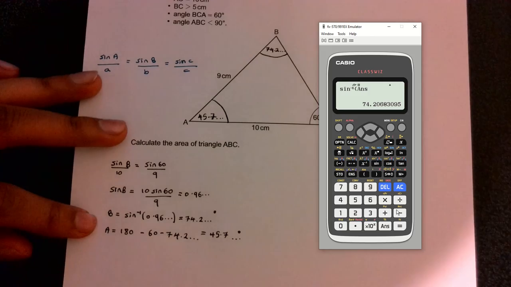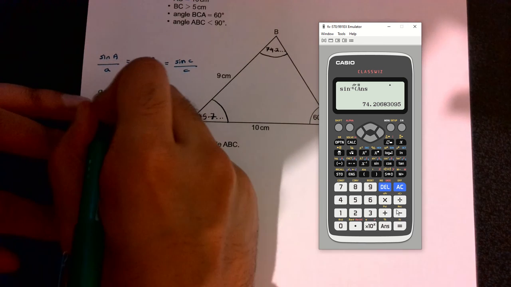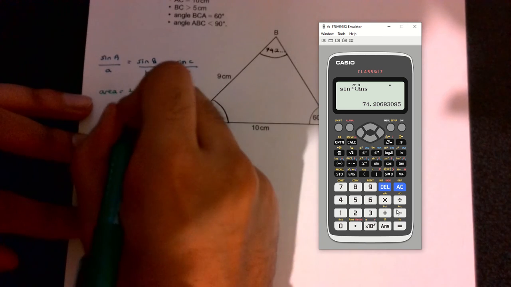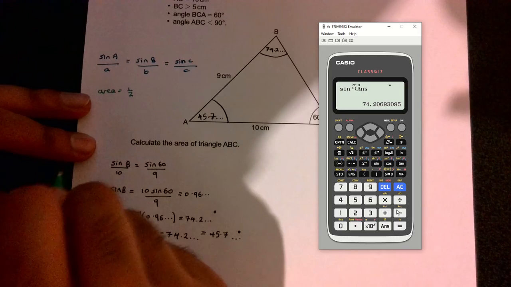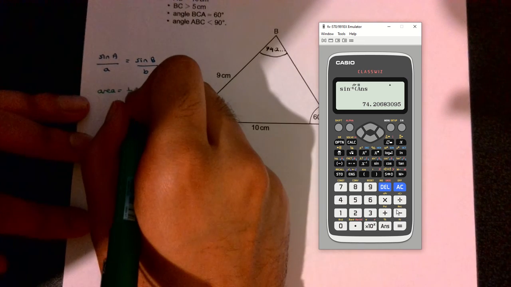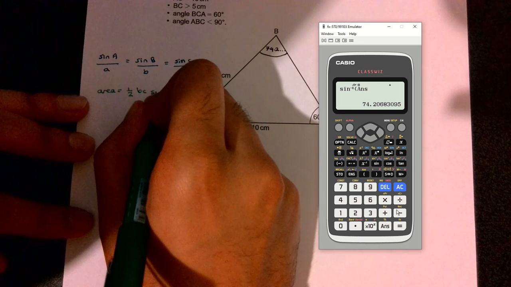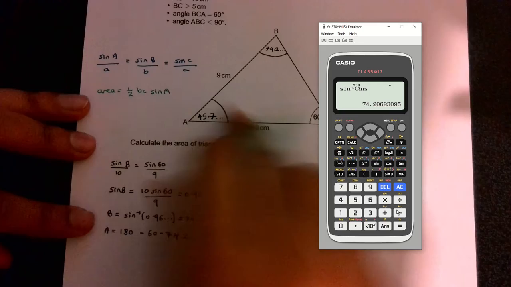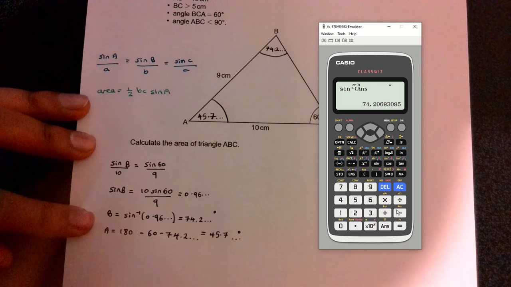So with this information, we can now use a different formula to find out the area. That is, the area equals a half BC sine A. So we want an angle and 2 lengths in between that angle.